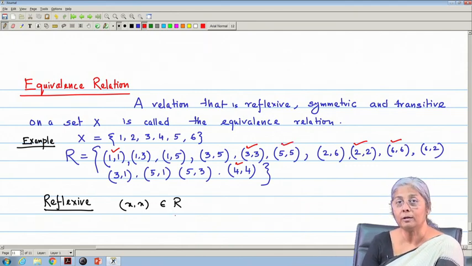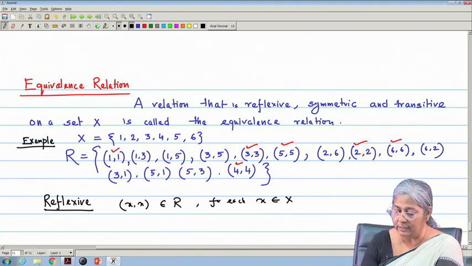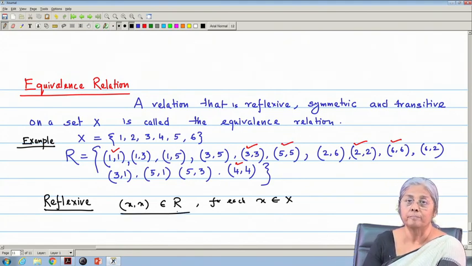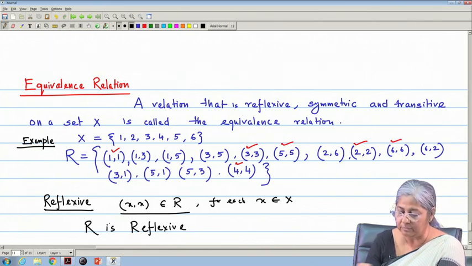So, for each x belonging to X, (x,x) belongs to R. So, R is reflexive.